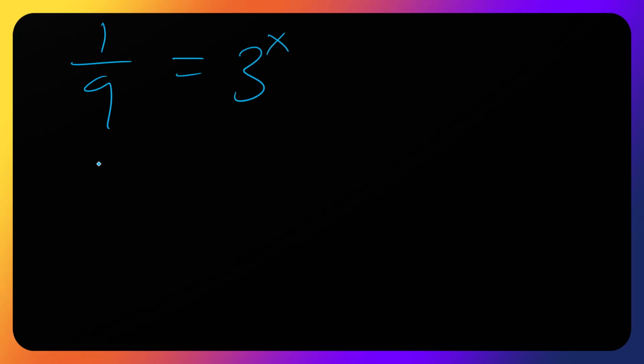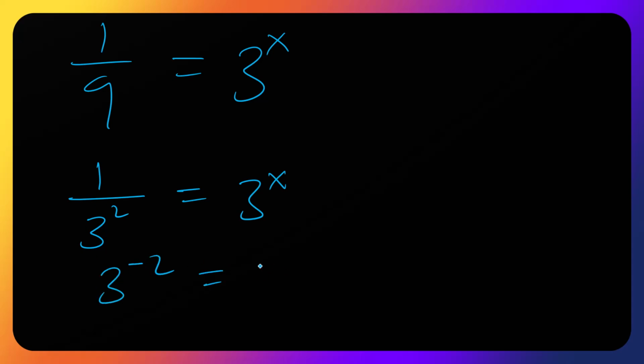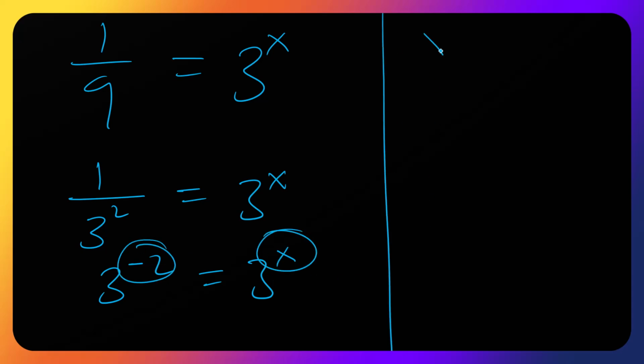So this side will be 1 on 3 squared equals to 3 to the power of x. And that will be 3 to the power of minus 2 equals 3 to the power of x. So minus 2 equals to x. So we have x equals to minus 2.